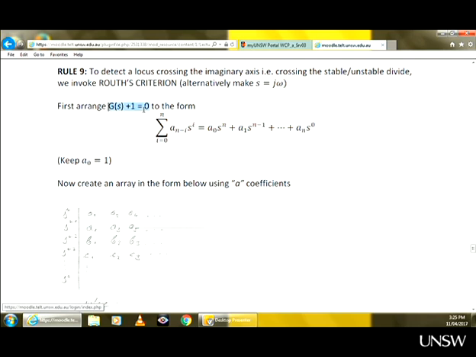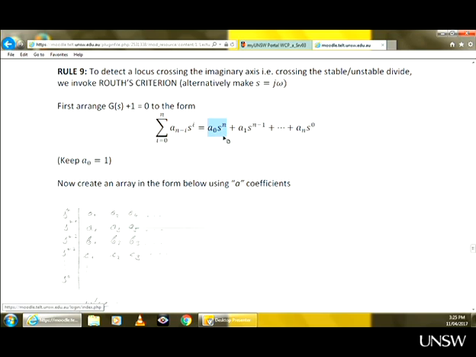So now, your characteristic equation, again, is g of s plus 1 equal to 0. That can be expressed as one polynomial equal to 0. And that polynomial can be written in this form. If the order of the polynomial is n, then you have a0, a1 up to an.